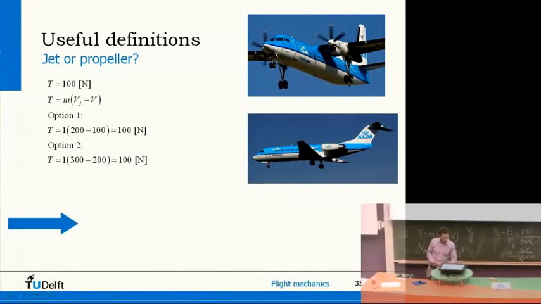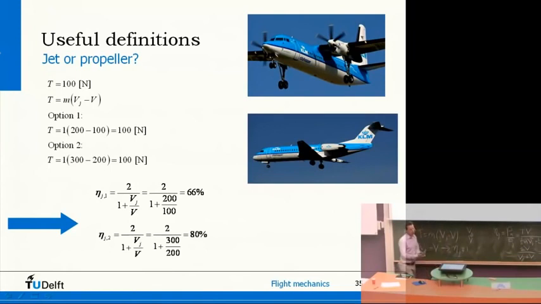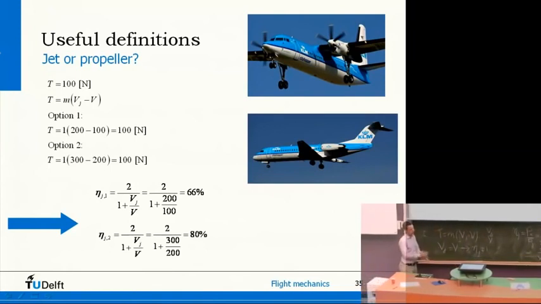If you type in the numbers, the propulsive efficiency of the first option is only 66%, and in the second option propulsive efficiency is in fact 80%. So if you give the same acceleration to a bit of air at a higher airspeed, you end up with a better efficiency.